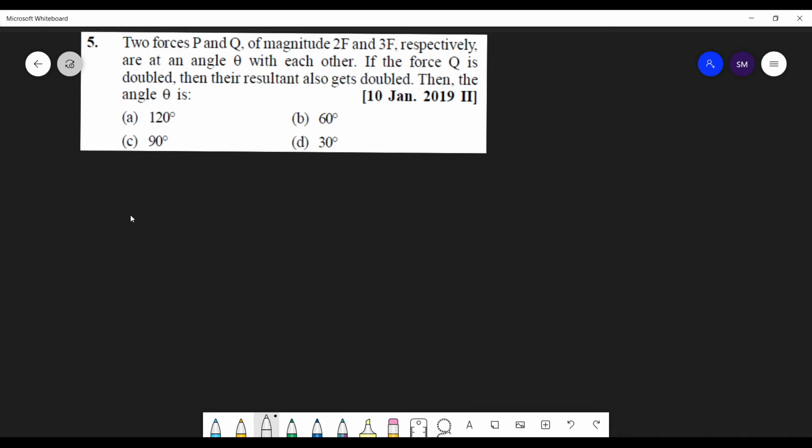So two forces P and Q: the magnitude of P is 2F, the magnitude of Q is 3F, and the angle between them is theta, which is given. If the force Q is doubled, I have only doubled this Q. This P remains the same.